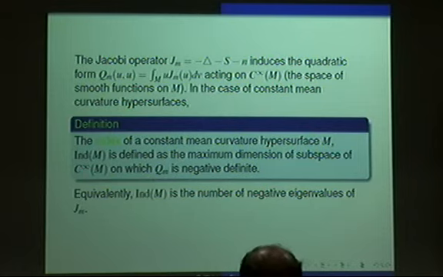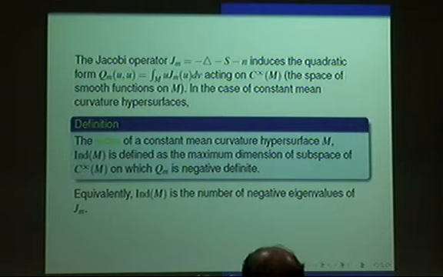From this definition and the quadratic form, we know that the index means the number of the negative eigenvalues of the Jacobi operator.